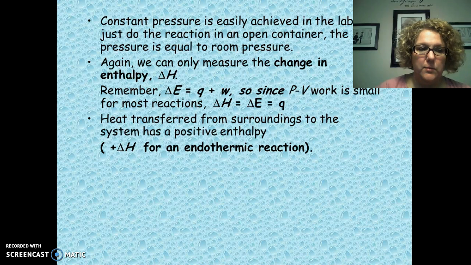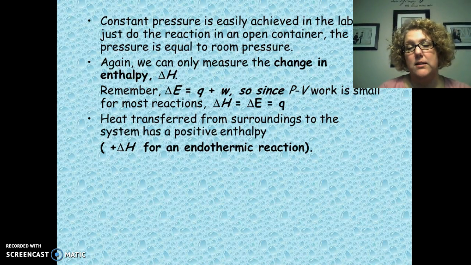Now, it sometimes messes with people because if you take, say, baking soda and vinegar and mix that together in a sandwich baggie and you touch the bag, it feels cold. That seems kind of counterintuitive to people, but remember, that's an endothermic reaction. Heat enters the reaction. The system is the baking soda and vinegar in the baggie.